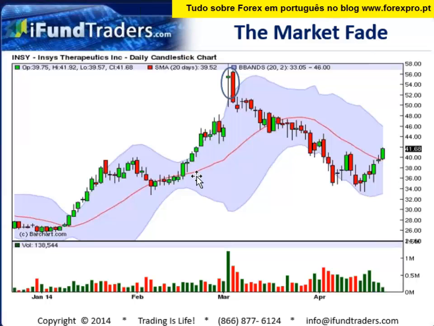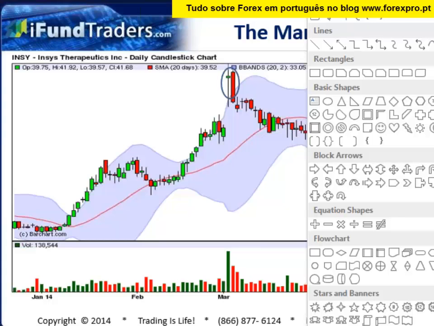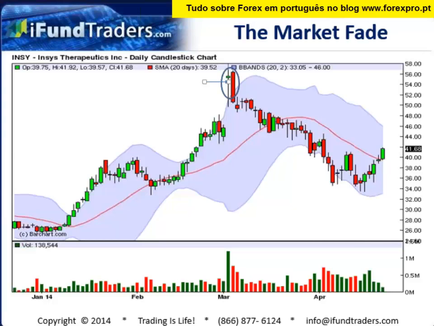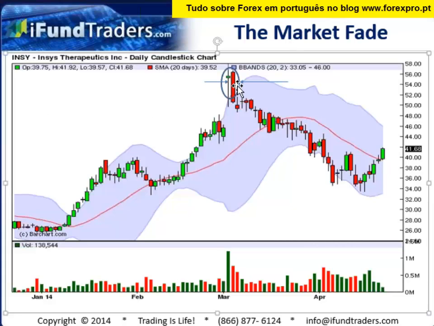Okay? If you didn't capture this bar, certainly this bar was a powerful key, retracing almost all of the bottoming tail bar outside of the Bollinger Band.